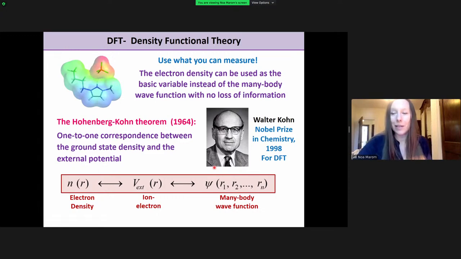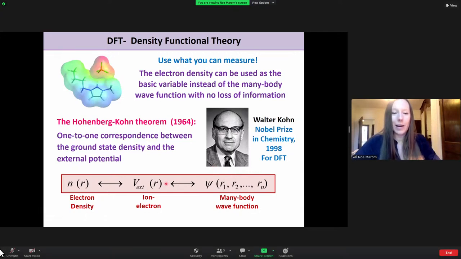And the idea of density functional theory is that you can use the electron density as the basic variable instead of the many-body wave function. Intuitively, it makes sense because the density is actually an observable that you can measure in an experiment, whereas the many-body wave function is not an observable.